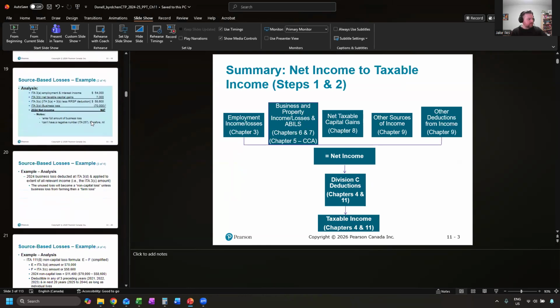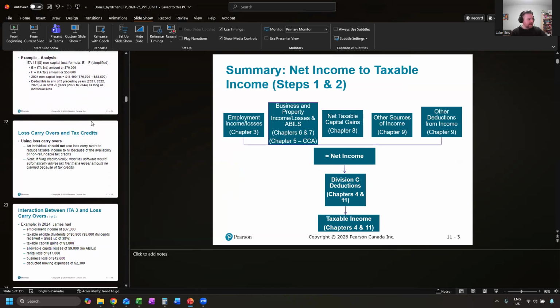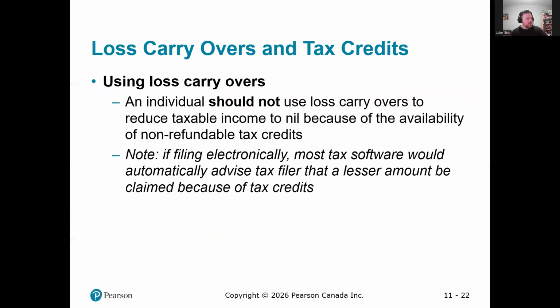Continuing our discussion, we were talking about transaction-based and source-based losses. Discussing loss carryover and tax credit. So let's say we have some excess losses, we can carry them over.